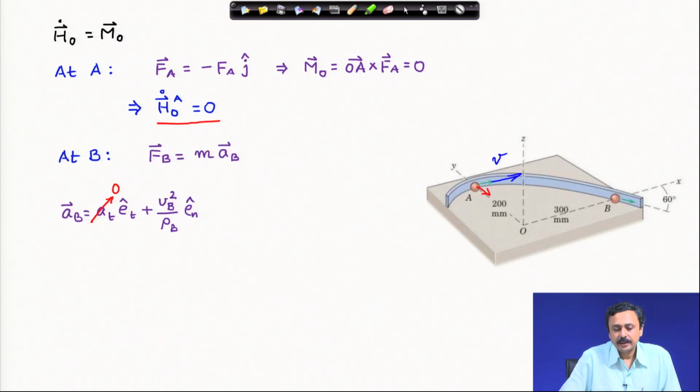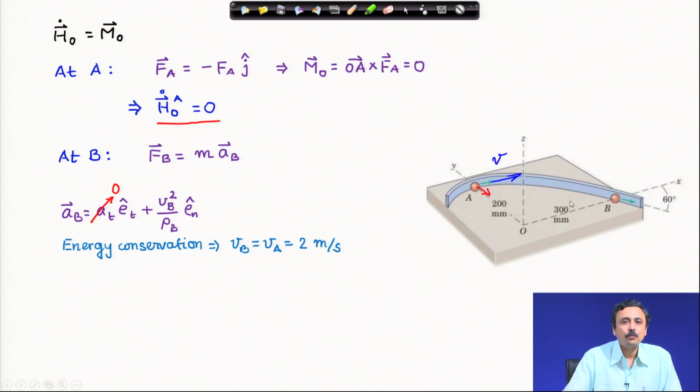At B, F B is equal to mass times acceleration at B. Now, how do we represent acceleration? The path curvature has been provided. The radius of curvature of the path is 500 millimeter, whereas the tangential acceleration is 0.